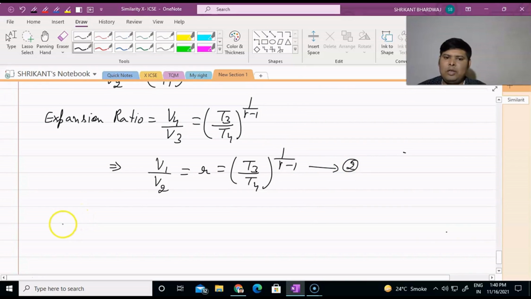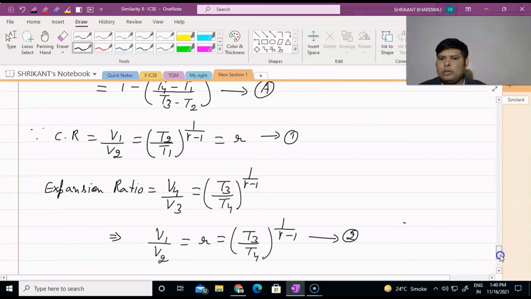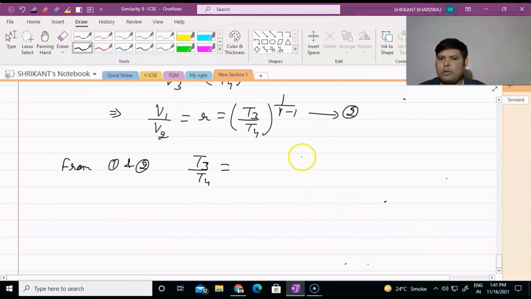Now from equations 1 and 2, we can write that T3 by T4 is equal to T2 by T1.